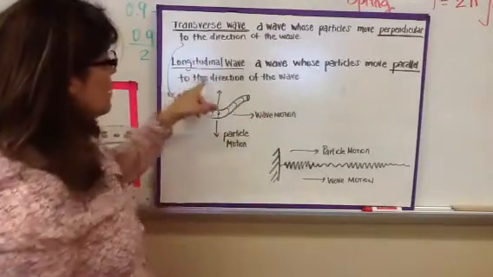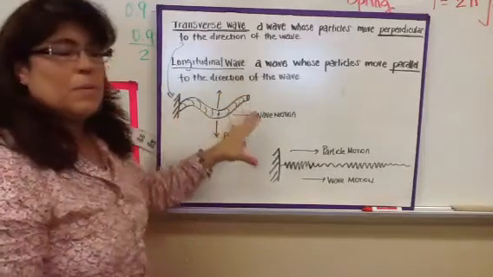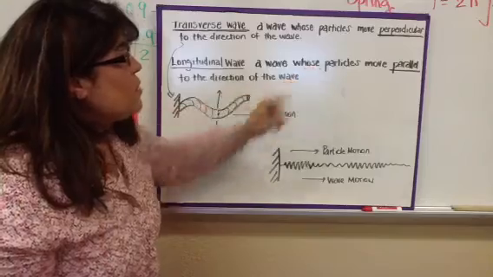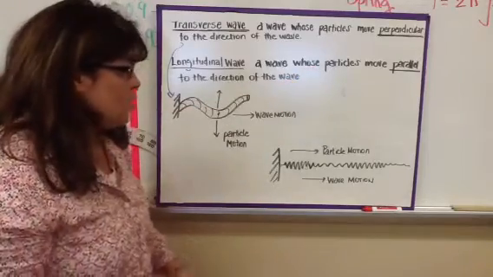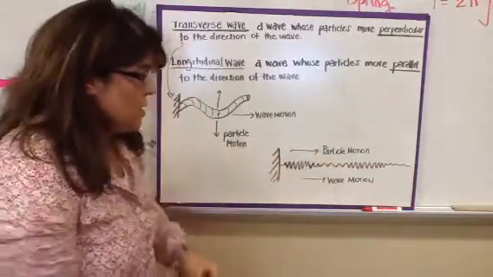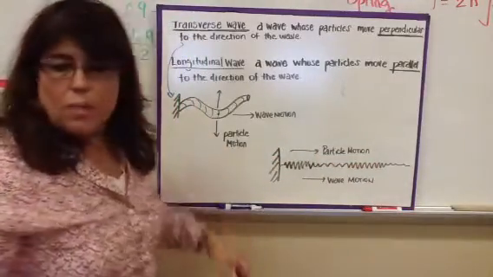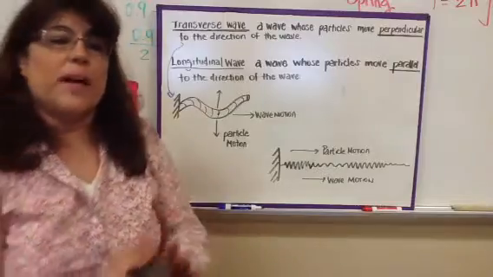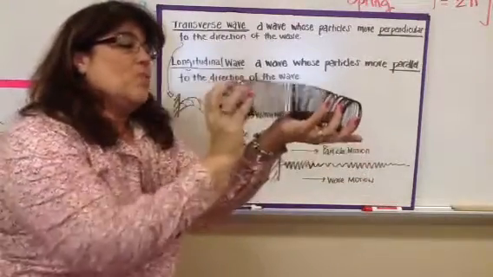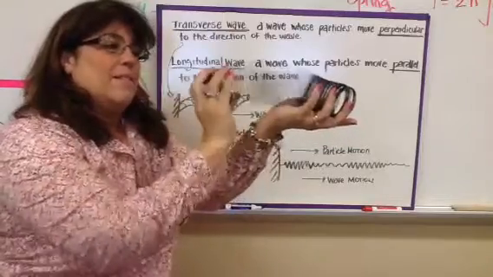Okay, then we're going to talk about a longitudinal wave, and this is a little bit more difficult for some people to understand, but it's a wave whose particles move parallel to the direction of the wave. So the particles are going to be moving this way, and the wave is going to be moving this way. I'll show you a better example tomorrow, but if I took a slinky like this and were to shoot it, you can see that the wave is going that way.